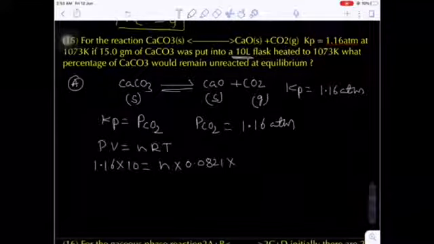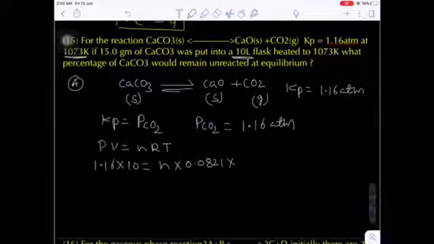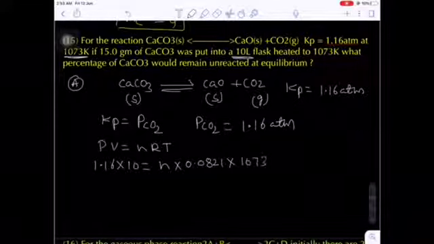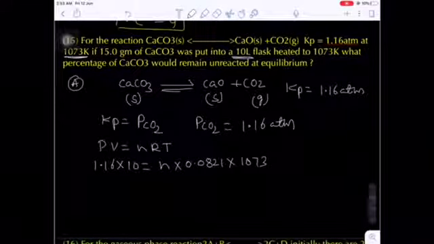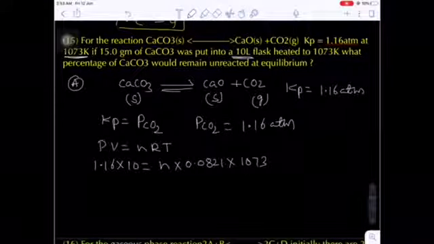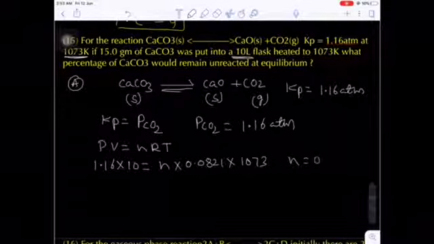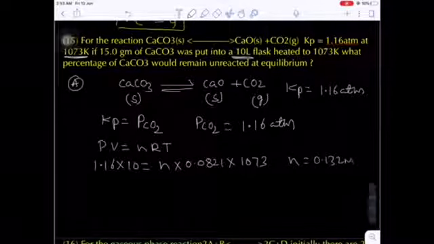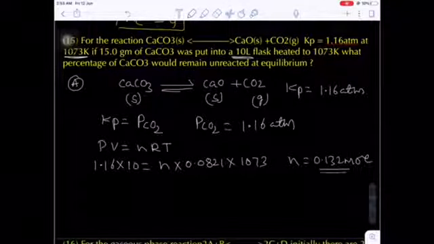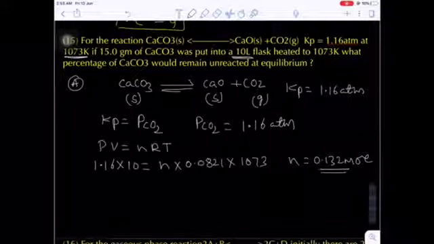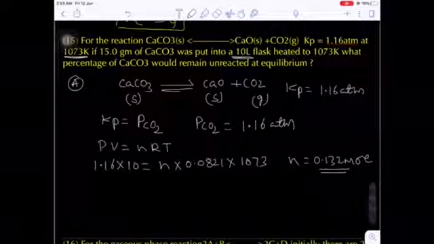R value 0.0821 and the temperature will be 1073 Kelvin. Are you getting my point? Now from here, if you simplify, you will get the number of moles of carbon dioxide, 0.132 moles. This much of CO2 will be present.